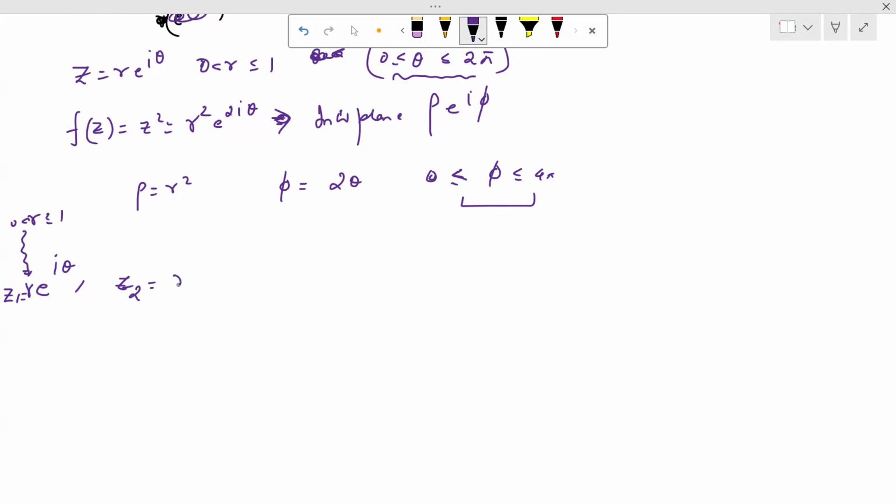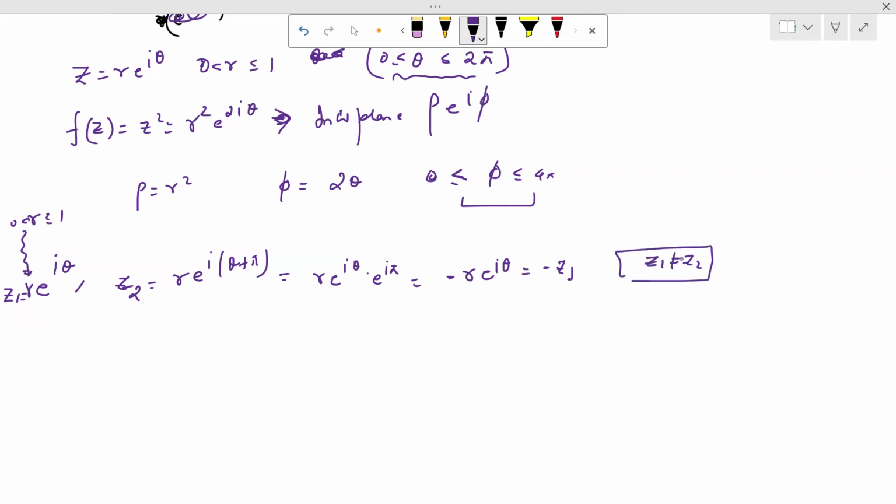And another value, z2, let's say r e^(i(θ+2π)). Now this is certainly a different value. Why? Because r e^(i(θ+π)) is equal to r e^(iθ) times e^(iπ), and e^(iπ) is negative, so it is minus r e^(iθ), which is certainly minus z1. So clearly z1 is not equal to z2.